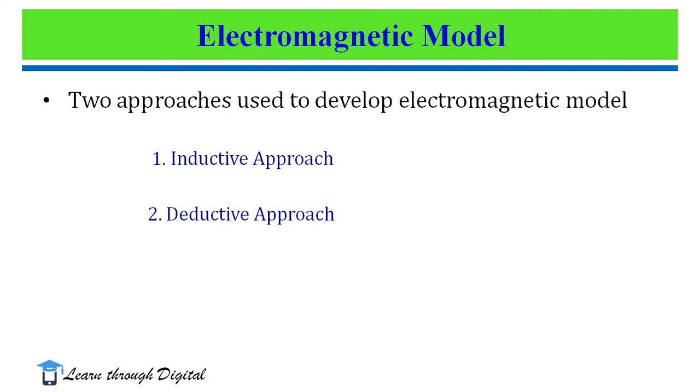Electromagnetic modeling is the process of formulating the interaction of electromagnetic fields with physical objects and the environment. It explains the fundamental concepts of the electromagnetic field. It is the outcome of a number of calculations, observations, experiments and simplifications.